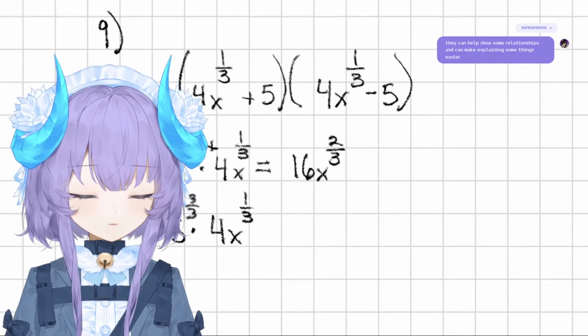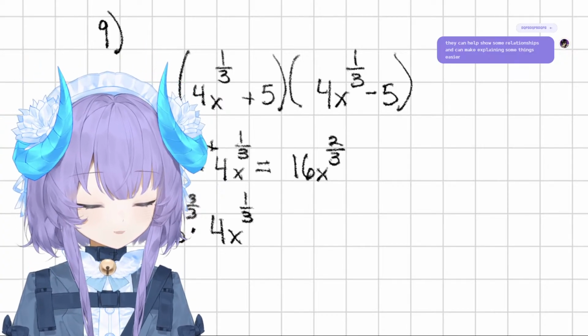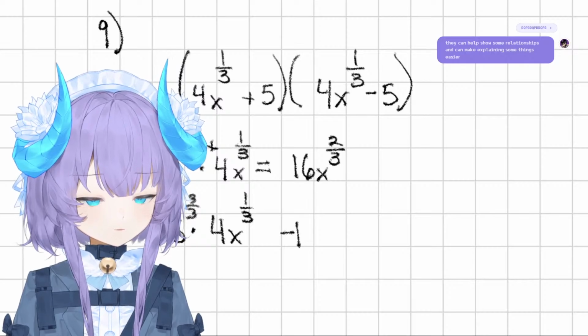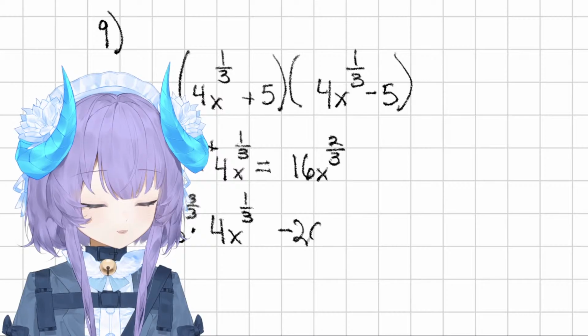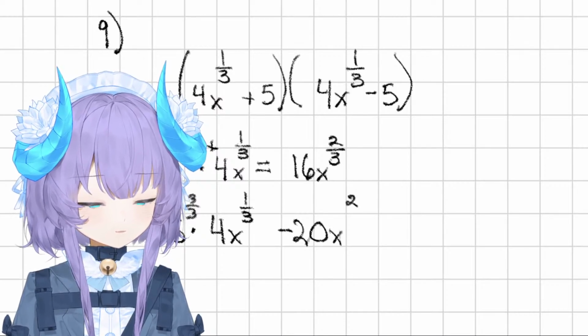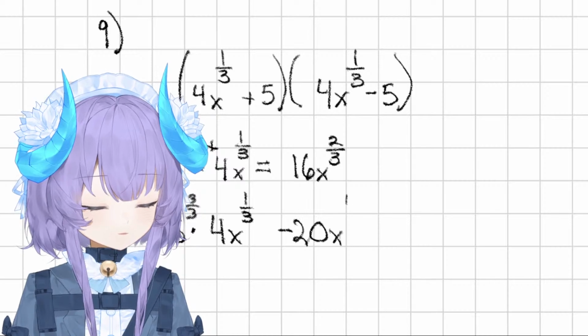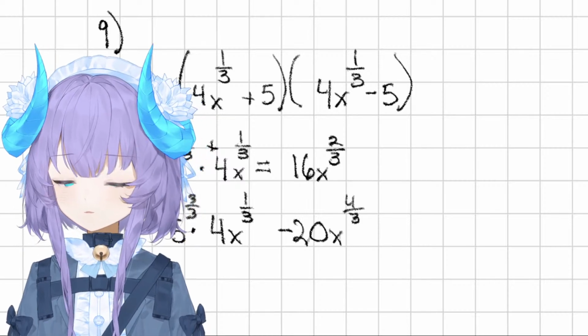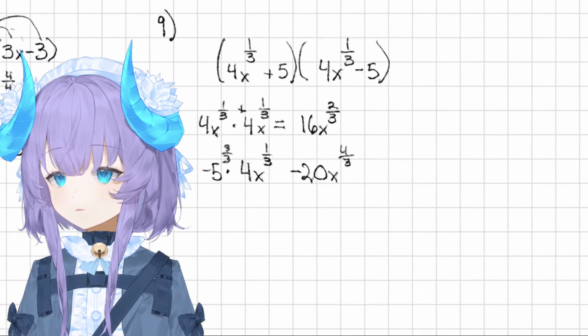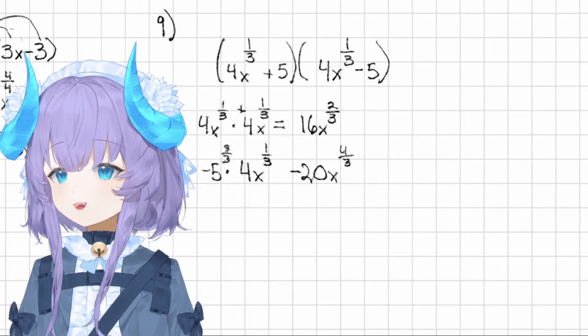Those are exponents, so it would be negative 20 x with 4/3. Right?